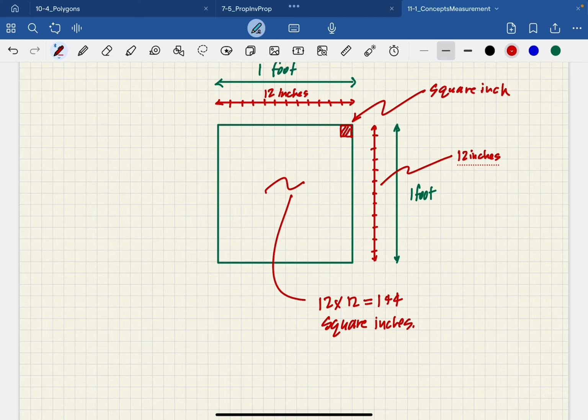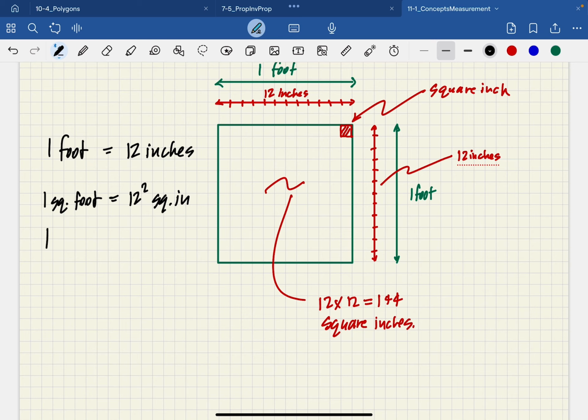So for example, 1 foot equal to 12 inches then becomes 1 square foot, I guess I want to say, equals 12 squared square inches.